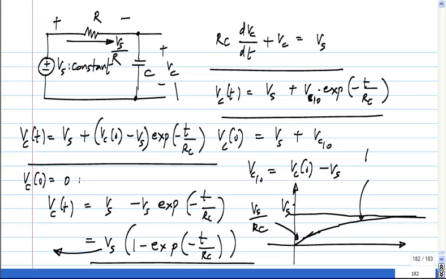So, this one asymptotically reaches Vs. But this business of finding out what the initial slope is, etc., you should be able to do even without the solution, right? Just by looking at the circuit. By computing the currents in the circuit, you can tell how much current is going through the capacitor. That tells you how fast its voltage is changing.